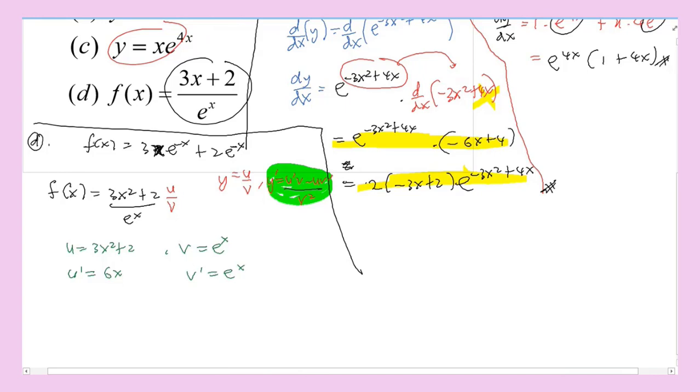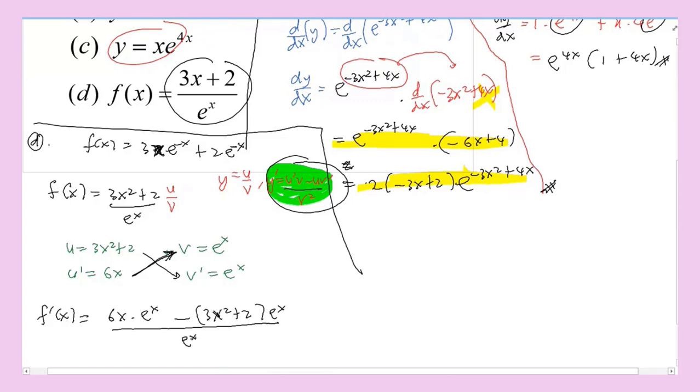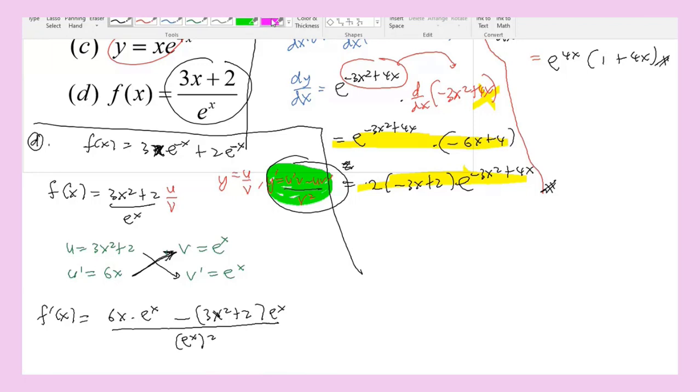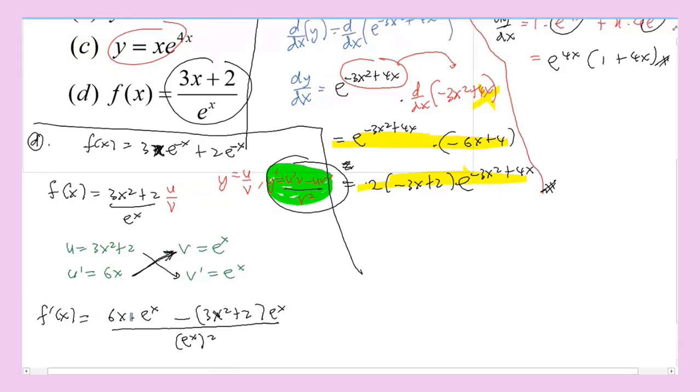So now f prime of x, we use this: for the quotient, 6x times e power x, minus (3x squared plus 2) times e power x, over (e power x) squared. Just remember the minus here. For the quotient it's the same cross pattern, but because of the heavy term it has to be minus. For the product rule it's plus, for the quotient it's minus.